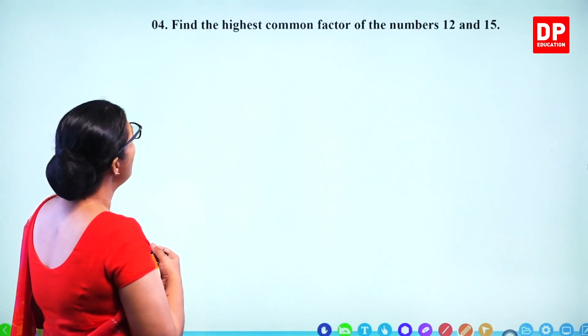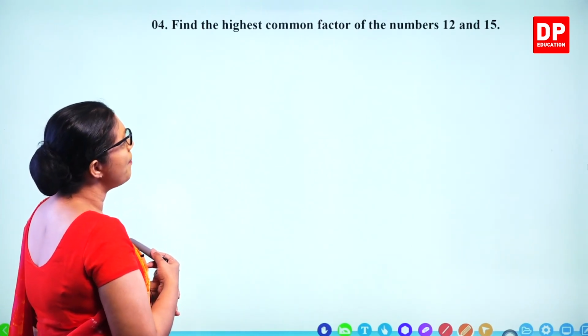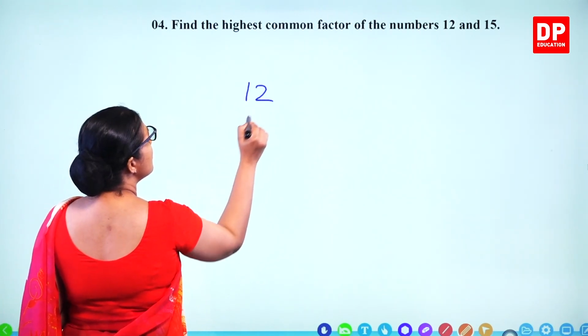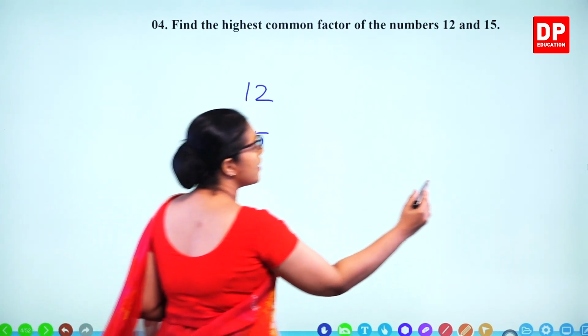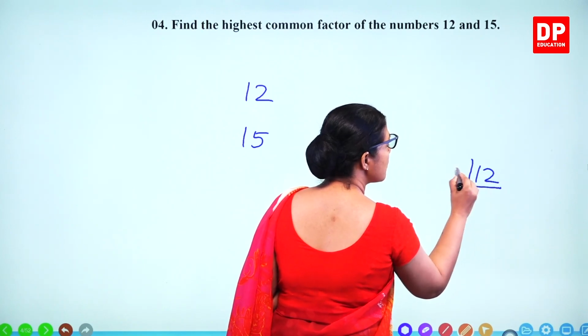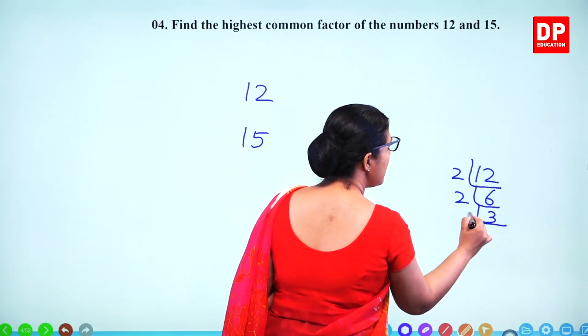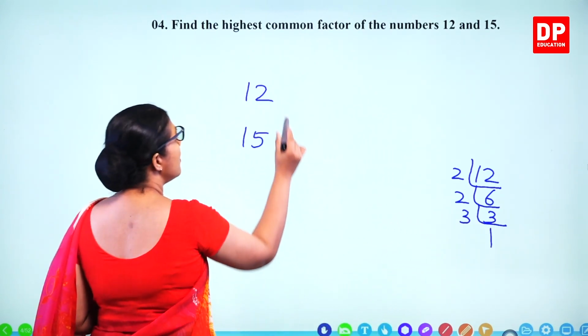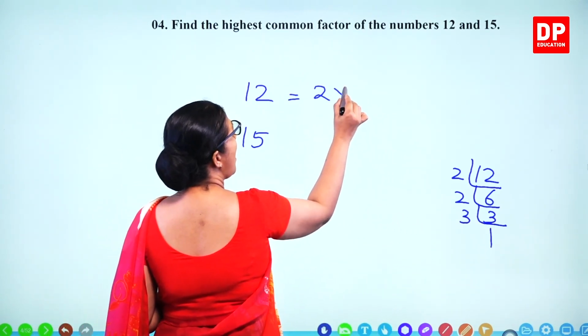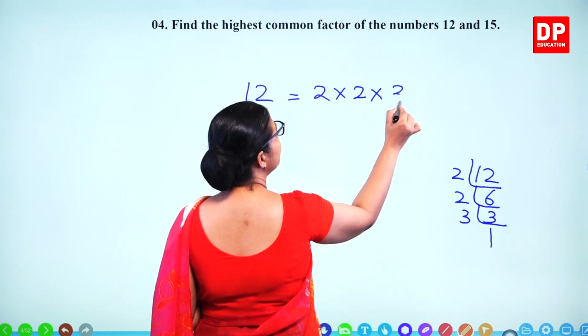Question number 4. Find the highest common factor of the numbers 12 and 15. So what are the factors of 12? Prime factors. 2, you get 6. Another 2, you get 3. Divide by 3, you get 1. So 12 is 2 times 2 times 3.